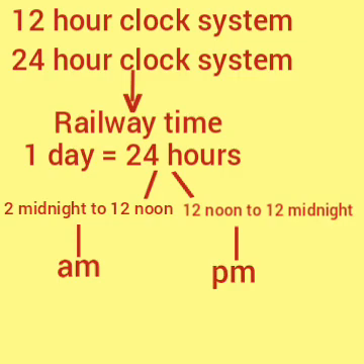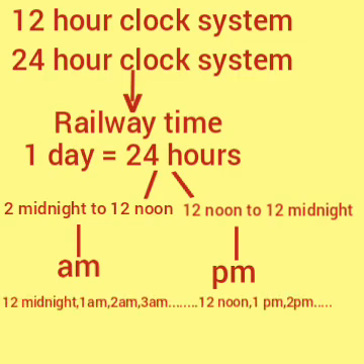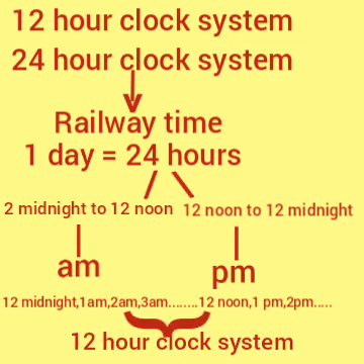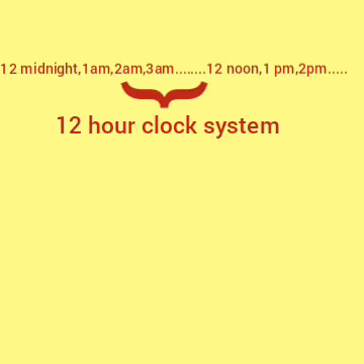Usually we count the time as 12 midnight, 1 a.m., 2 a.m., 3 a.m., 4 a.m., etc. 12 noon. Then 1 p.m., 2 p.m., 3 p.m., etc. This system is known as the 12-hour clock system. But in railway time, there is a 24-hour clock system.